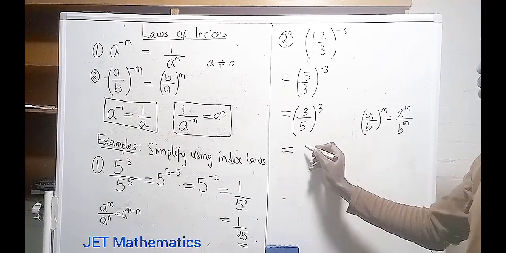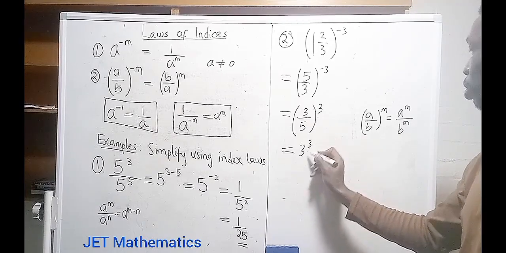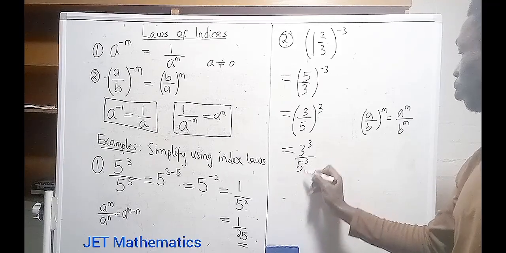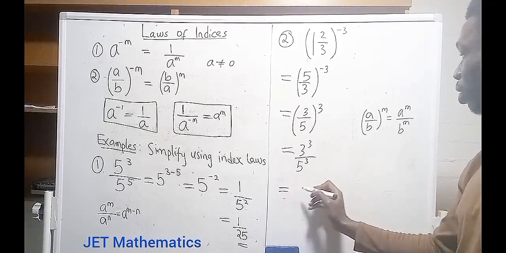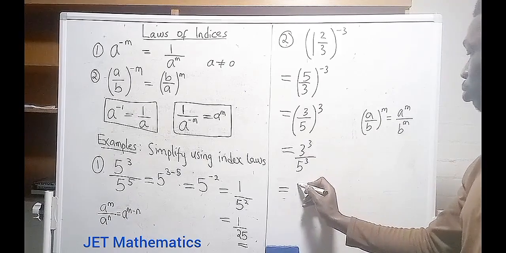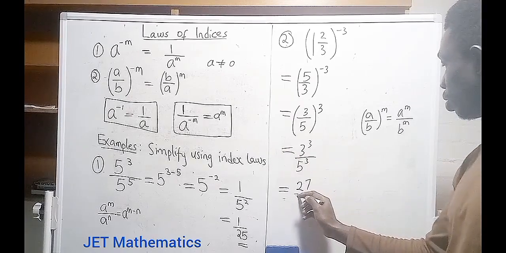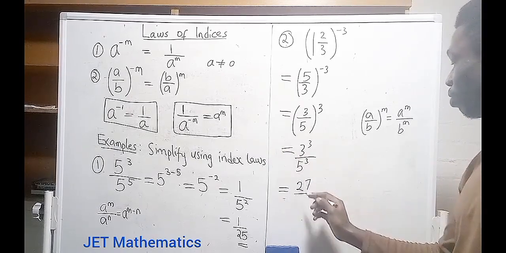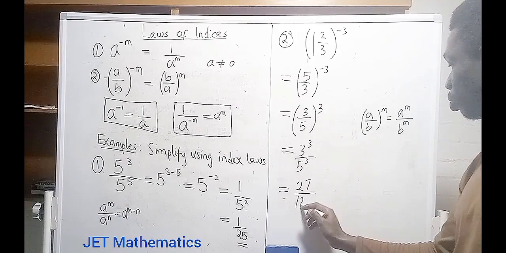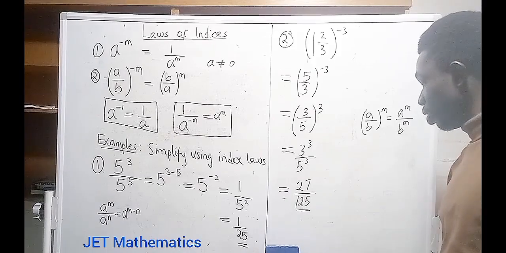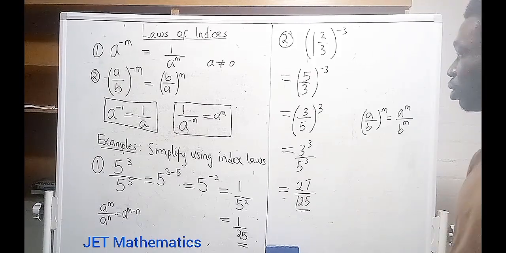So this becomes 3 raised to the power of 3 over 5 raised to the power of 3. And this finally gives us 3 raised to the power of 3 is 27, that is 3 times 3 times 3, divided by 5 raised to the power of 3, which is 125. So this is the end of the solution.